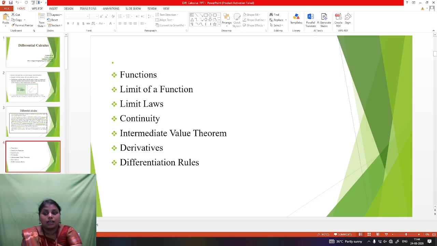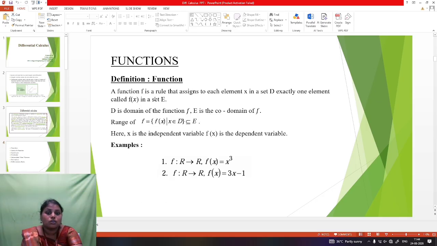First one is function. A function f is a rule that assigns to each element x in a set D exactly one element, called f of x, in a set E. The set D is the domain of the function f, and E is the codomain of f.